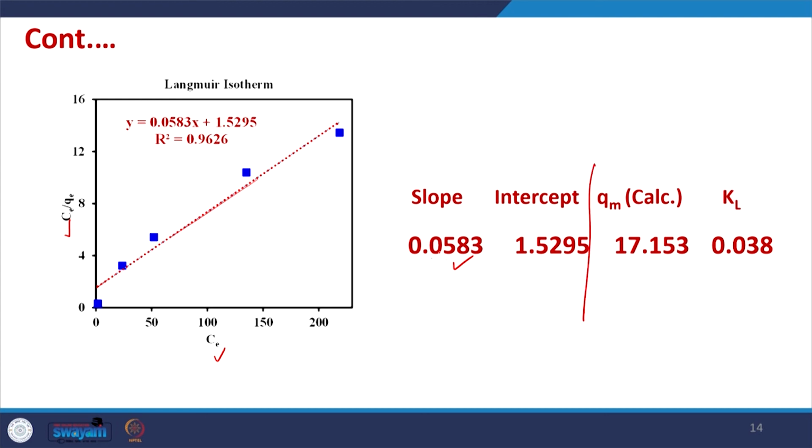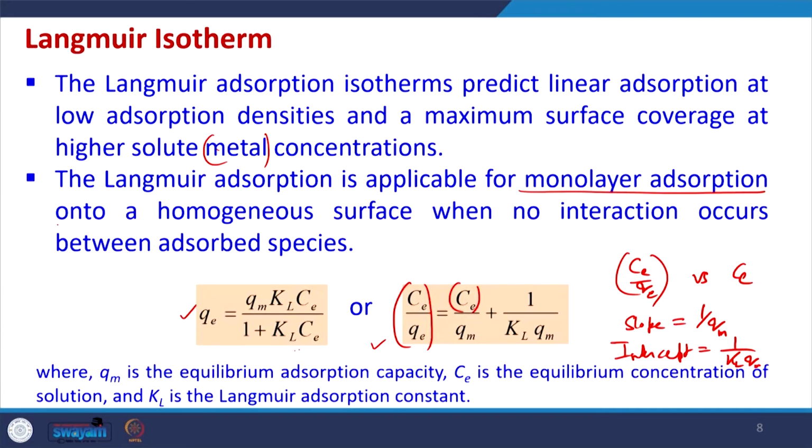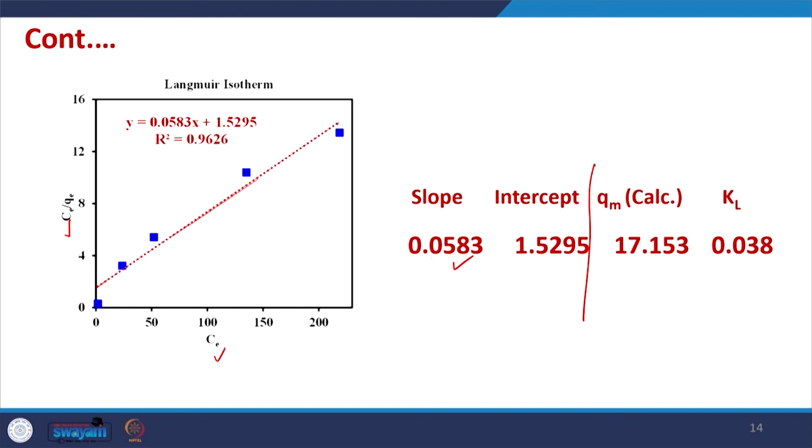For the Langmuir equation of this type, we know the slope is equal to 1 by QM and the intercept is equal to 1 by KL QM. So, QM we can take as 1 divided by 0.0583. This will be the answer, and once QM is known and the intercept is known, we can determine the KL value.